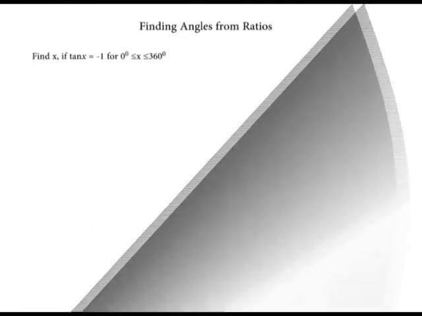Another example, find x if tan x is equal to -1 for the range of x between 0 and 360 degrees. The ratio is negative. We first find the acute angle whose tangent is 1. Tan inverse of tan x is x. Tan inverse of 1 is 45 degrees. However, 45 is in the first quadrant, and in this quadrant, tangent is positive.